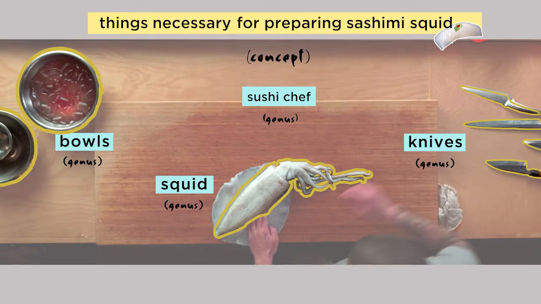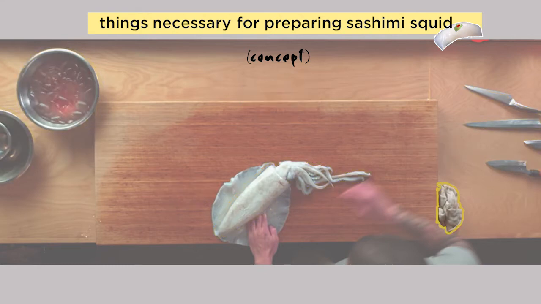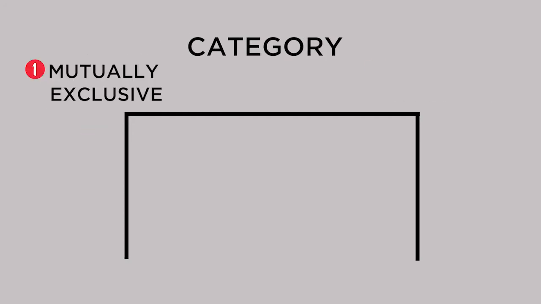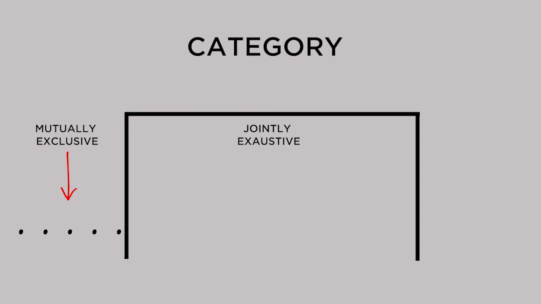Now take a look. Is there anything missing? Likewise, is there anything here that isn't part of the concept? For instance, what about the rag? Where does the rag go? Does it go with the knives or does it go with the bowls? The ideas of mutually exclusive and jointly exhaustive force you to be consistent about what it is that you're categorizing.